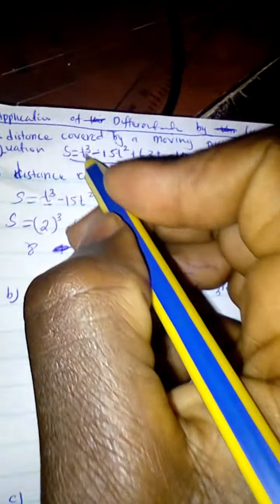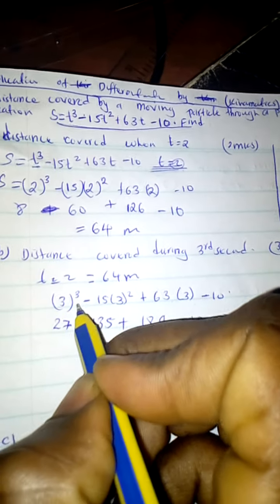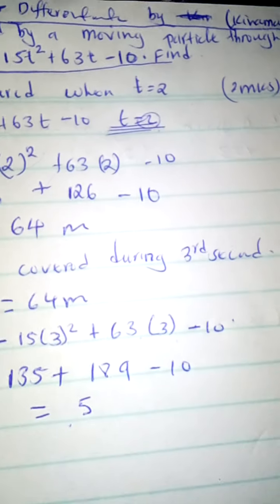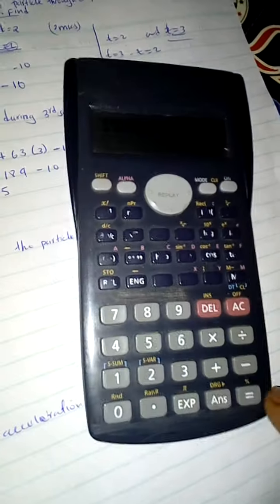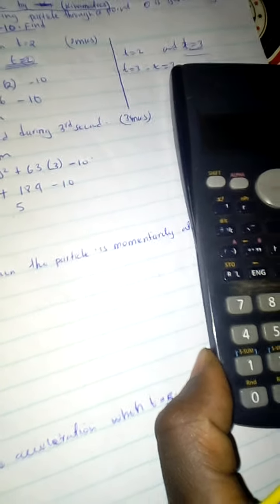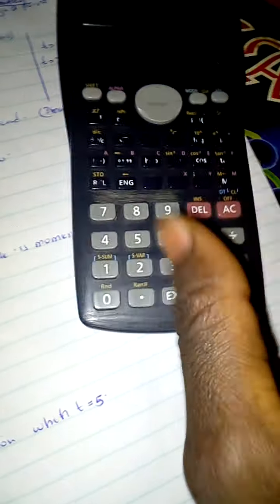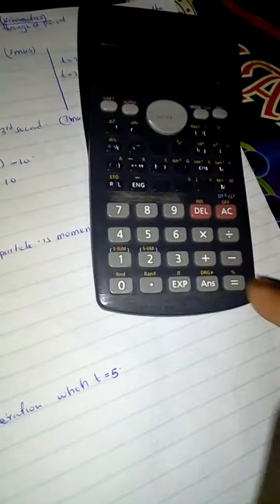S is equal to 3 cubed, that is 27, minus 15 by 9, which is 135, plus 63 by 3, that is 189, minus 10. Now I can say 27 minus 135 plus 189.